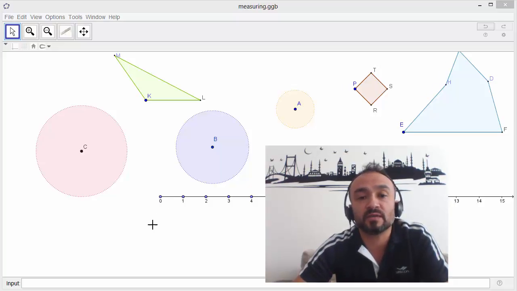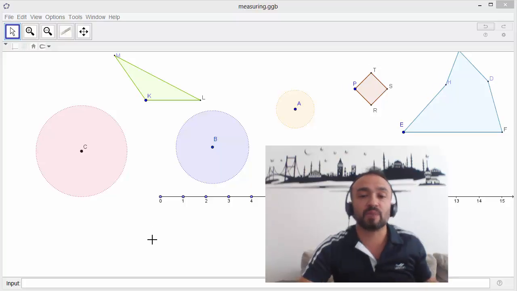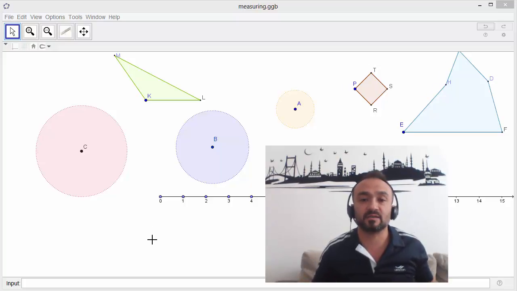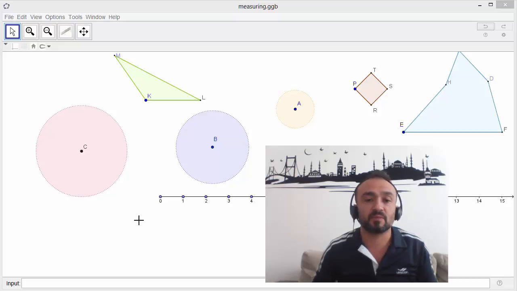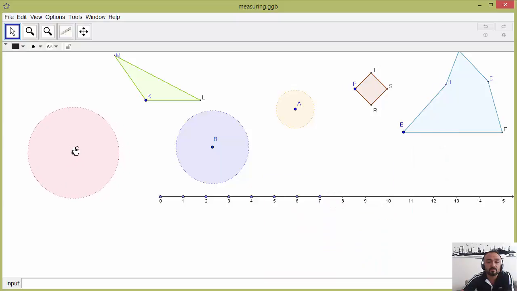Of course, you can work in a real environment with real subjects. Maybe you can measure your desk's length, but I prepared some figures on GeoGebra for you. Let's measure some property of these shapes.